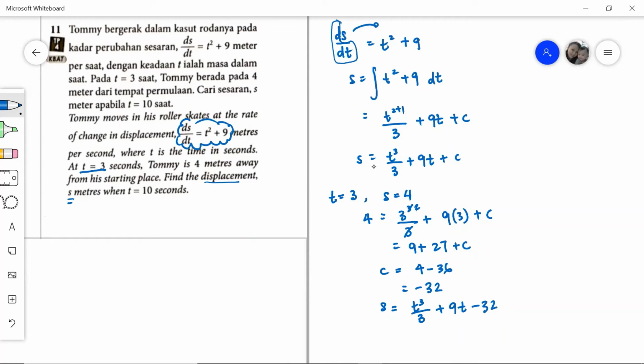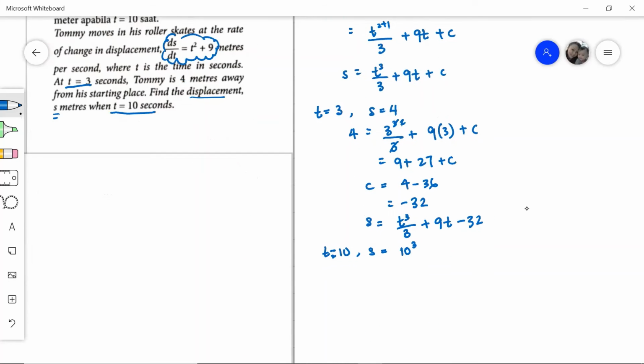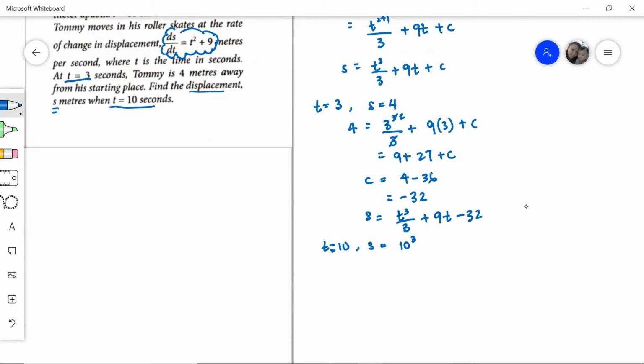So now we need to find the displacement when t equals to 10. So when t equals to 10, s equals to 10 cubed over 3 plus 9 times 10 minus 32.